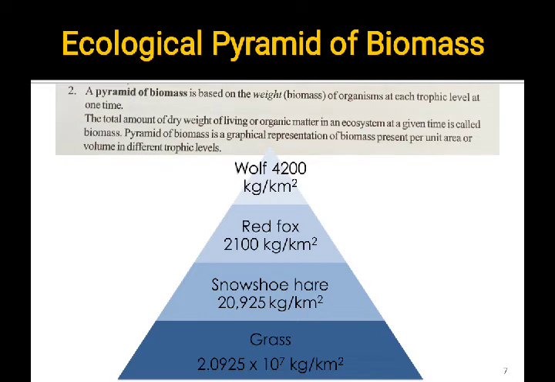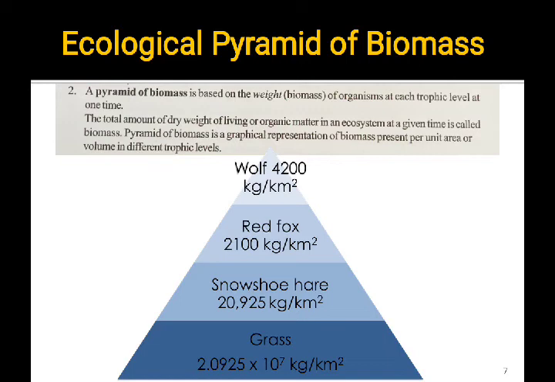The total amount of dry weight of living or organic matter in the ecosystem at a given time is called the biomass. A pyramid of biomass is a graphical representation of biomass present per unit area or volume in the different trophic levels. As you can see in this particular example, the biomass is a total weight, right?